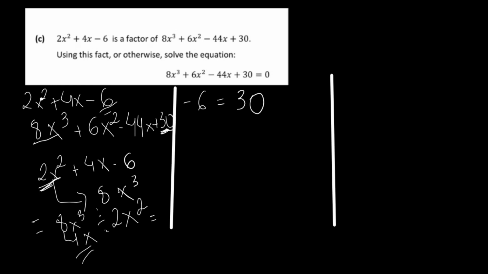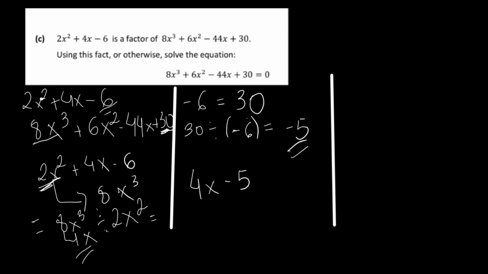The same idea I explained at the beginning: if we divide 30 by minus 6, we find minus 5. So the constant term is minus 5. Therefore the missing factor is 4x minus 5.